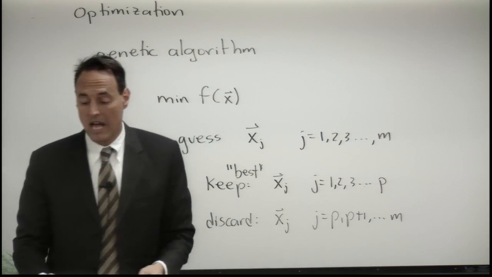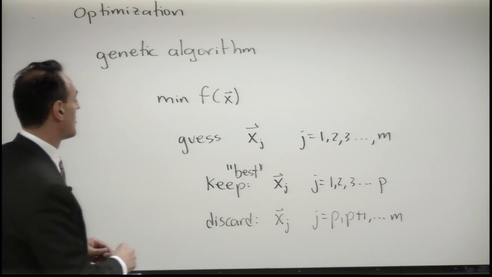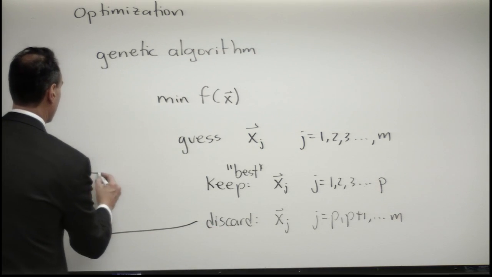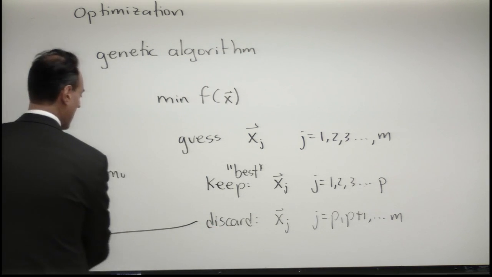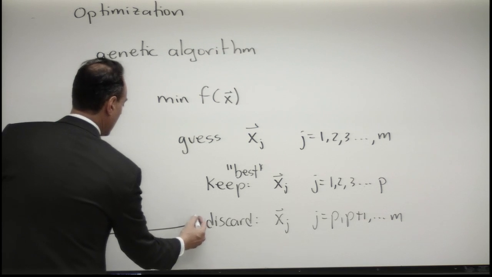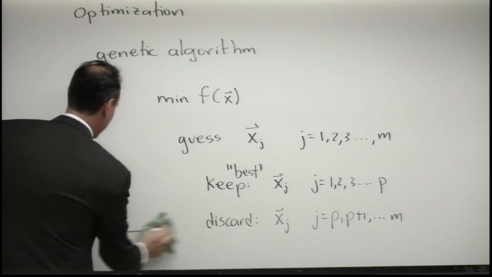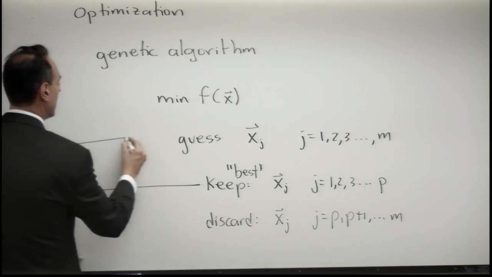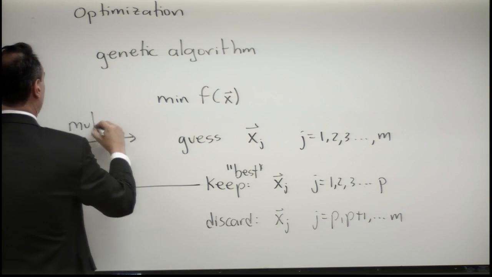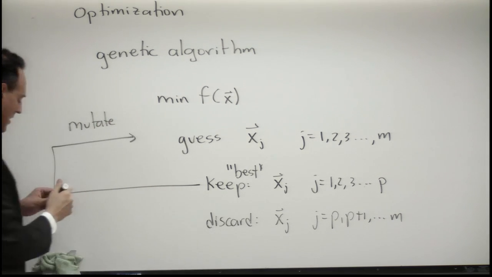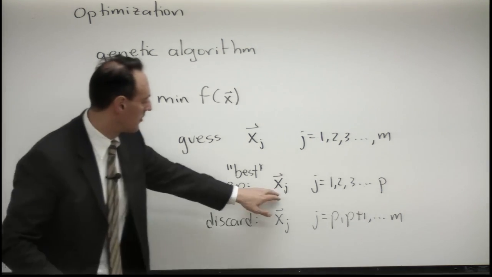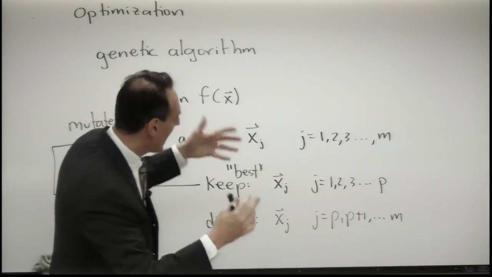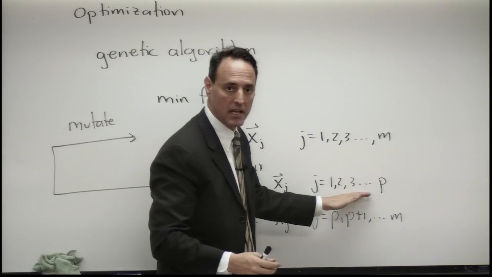Now, it's a genetic algorithm because now what I'm going to do is, from these p that I keep that I thought were the best ones, let's suppose I had 100 guesses and I keep the best 10.